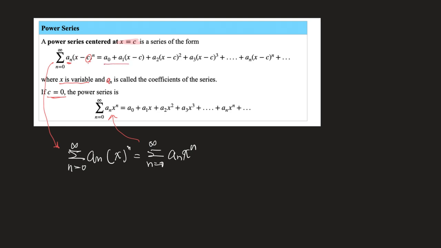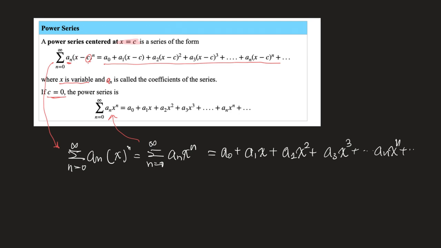When you plug in c equals 0, that's going to be a_0, a_1 x, a_2 x squared, a_3 x cubed. The general term is a_n x^n.